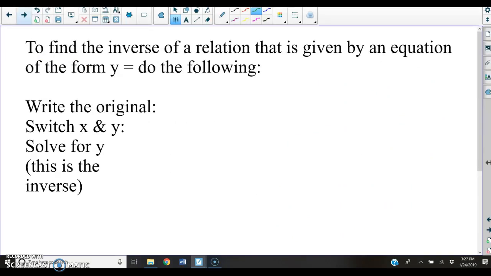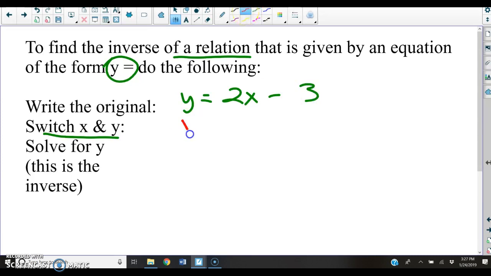Okay, to find the inverse of a relation that's given by an equation of the form y equals, here's what you do. You write your original function. So if you have y equals 2x minus 3, we're going to switch the x and y. So I'm just going to rewrite it as x equals 2y minus 3.